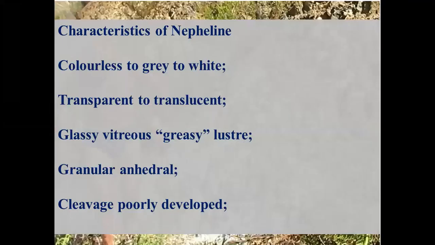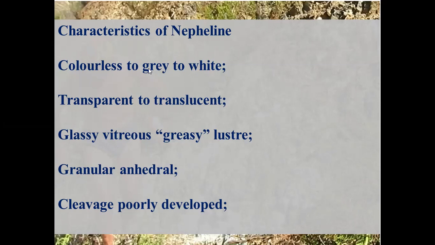Right, to summarize some of those ideas about what nepheline really looks like: it's generally colorless or has a slightly grayish color, but it can under some circumstances be white as well, which makes it less easy to mistake for quartz.